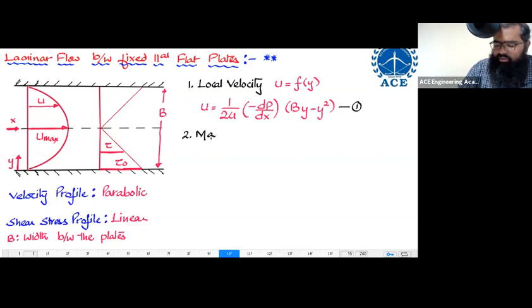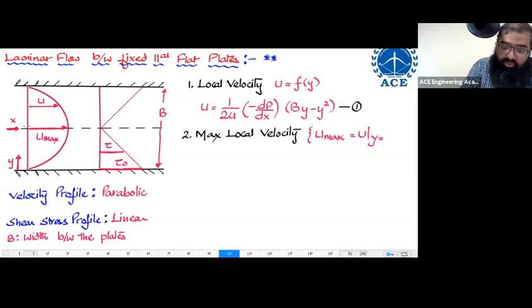Second thing, maximum local velocity. For maximum local velocity, you are going to say u maximum is basically u only, but at the value of y equal to how much? At what value of y?